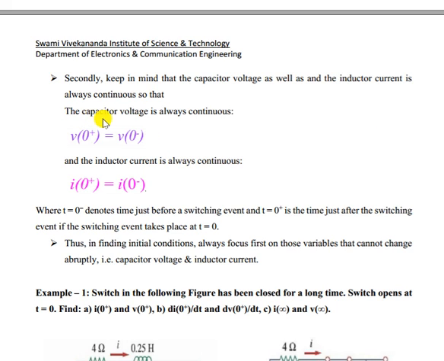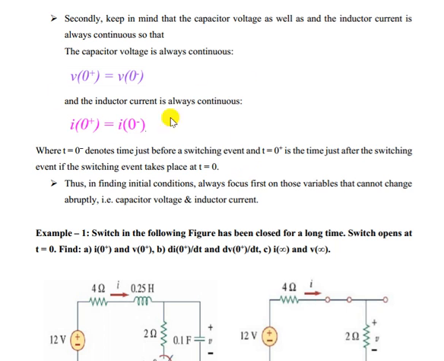So we consider the capacitor voltage is continuous. That means v0 plus should be equal to v0 minus. 0 minus means just before the switching operation, 0 plus means just after the switching operation. The time gap between 0 plus and 0 minus is very small, and for inductor current i0 plus is equal to i0 minus. This point you have to take care of always.